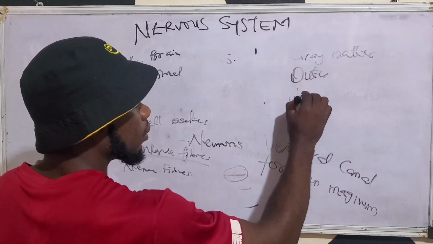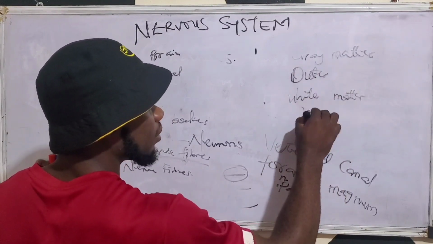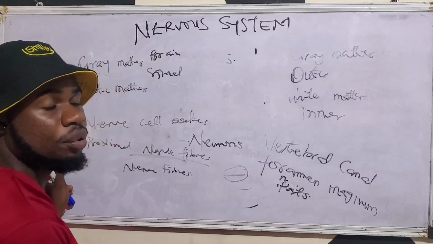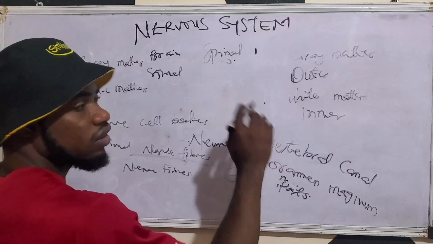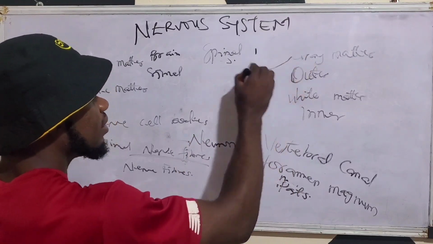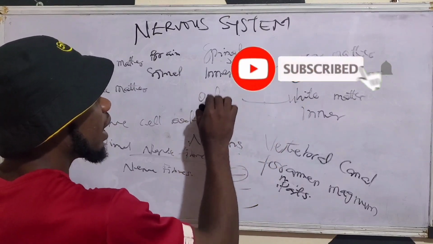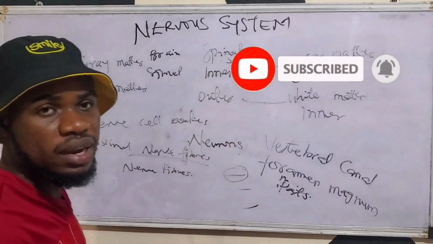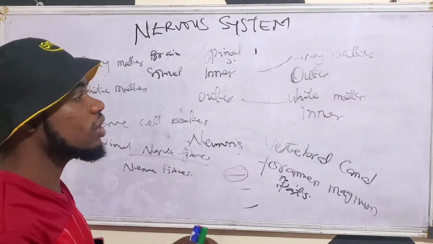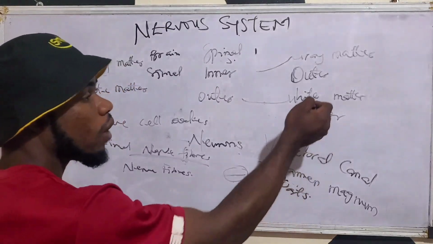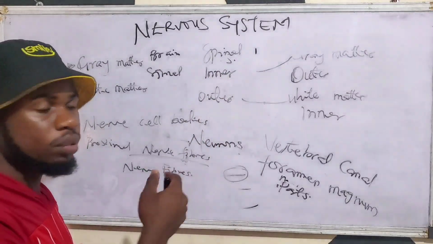White matter is positioned inside of the brain, but in the spinal cord it is the opposite. Gray matter is in the inside and white matter is at the outer part of the spinal cord. Please take note. In the brain, the gray matter is found in the outer part, but the white matter is located on the inside. The spinal cord is the opposite.